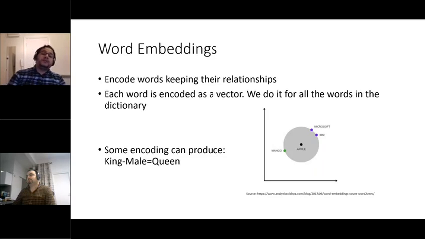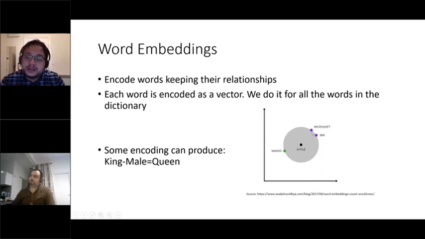Word embeddings as well. It's a very powerful technique that we are going to see later. What does word embeddings do? It takes words and transforms each word in the dictionary into a vector. So each word is not a sequence of characters, but it is a vector. But the magic behind it, as you can see here, when, for example, we have a vector of 2 dimensions.